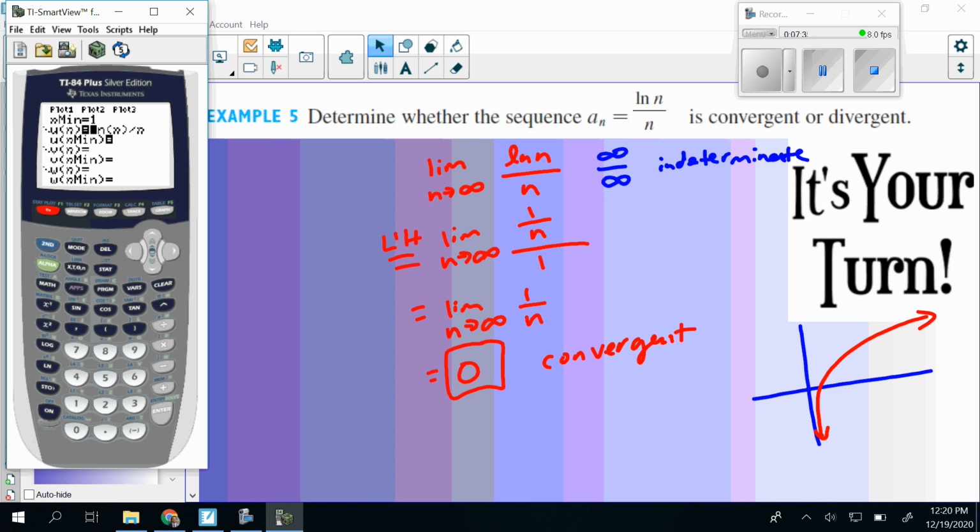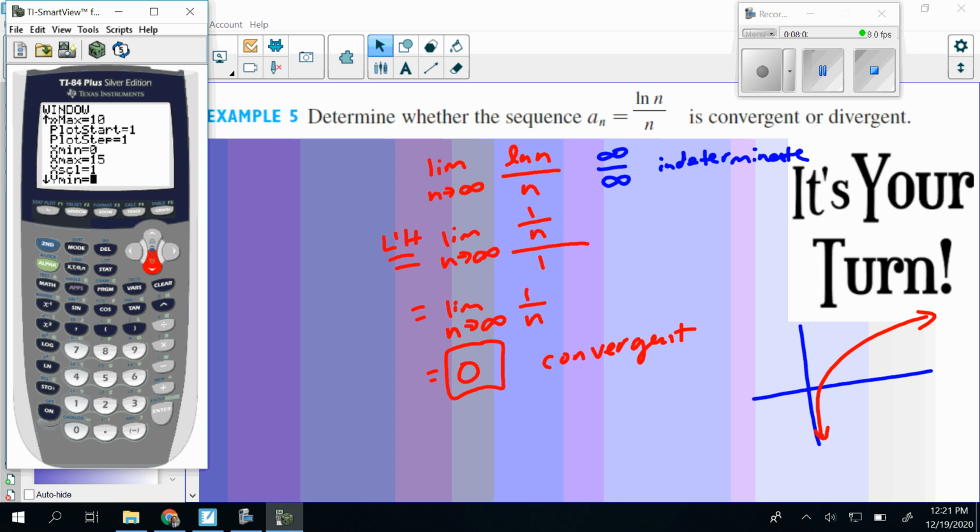Now this one, to see it better, let's go to our window and be a little more specific. We know that we're only dealing with positive values. So I'm going to start this at 0 and let's go out to maybe 15 here. And then our y values, it looks like are all going to be positive.